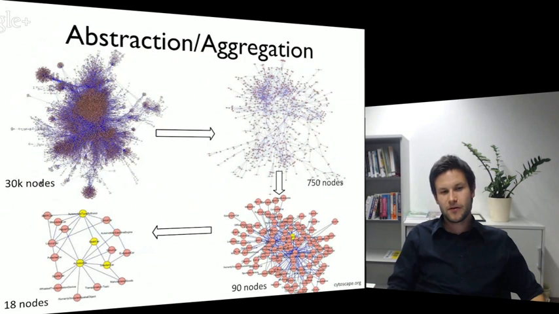So if we have 30,000 nodes here on the upper left, and this is a social network, and all these nodes are close together in this force-directed layout, so obviously they have something in common. Let's say all people in this blob here are from Austria or whatever. Then we could say, well, we just show one single node for all the people, summarizing all the people in Austria.